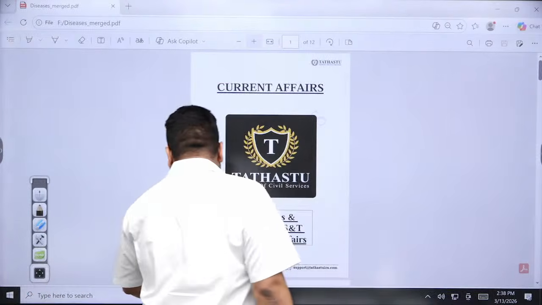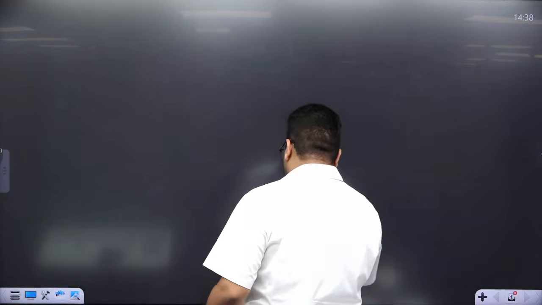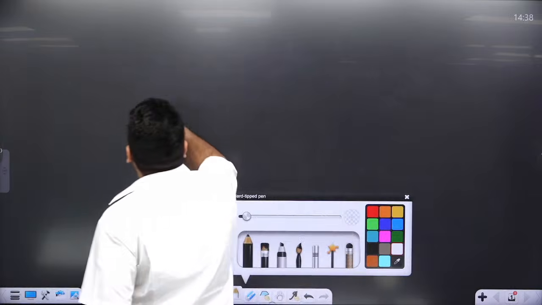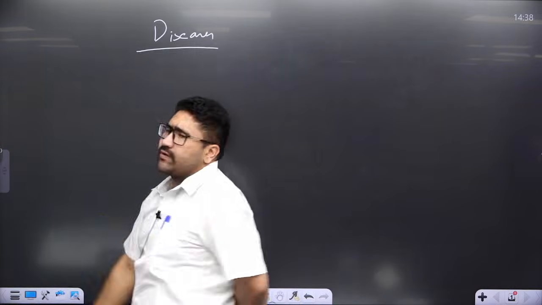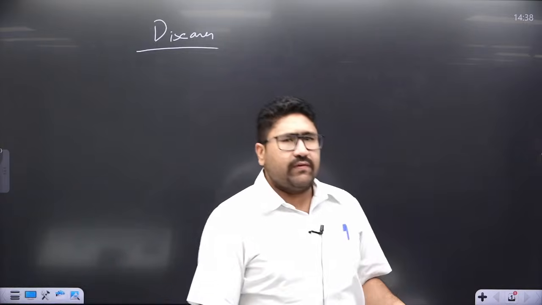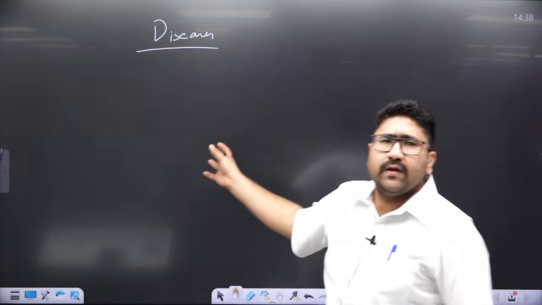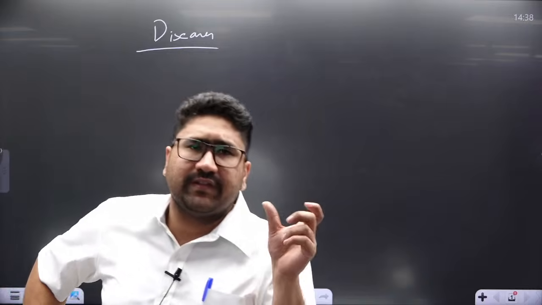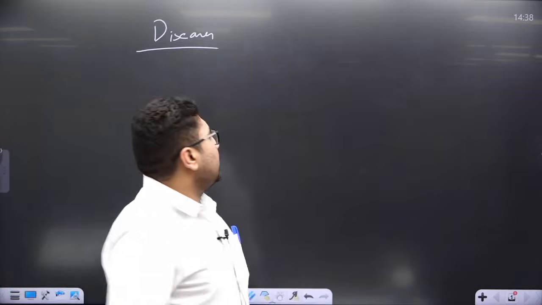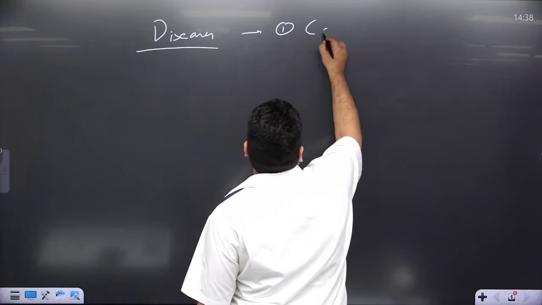Few little things that you should be noting before we begin. When we talk about diseases, any kind of disease, whether you find it in this handout or not, please remember that for any disease you need to know its causing agent.